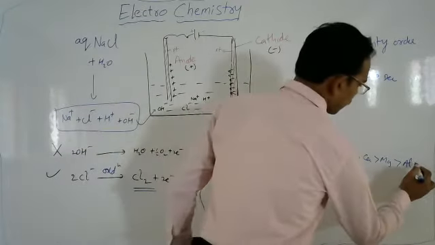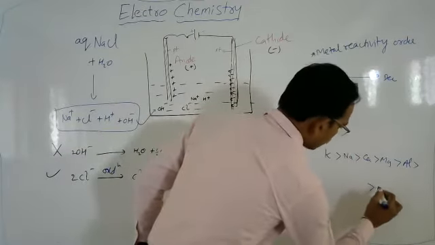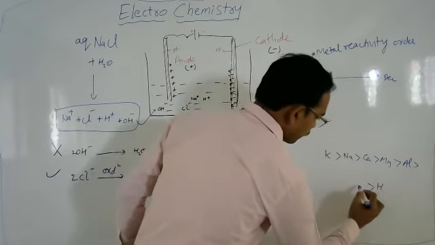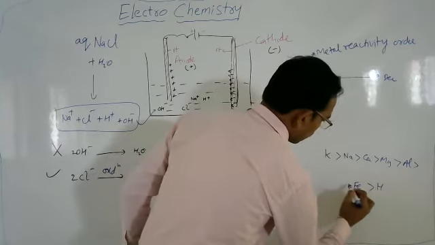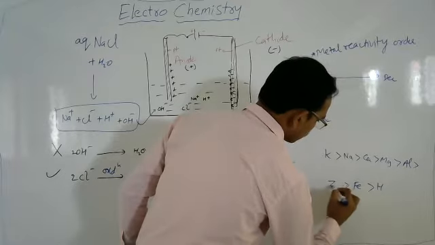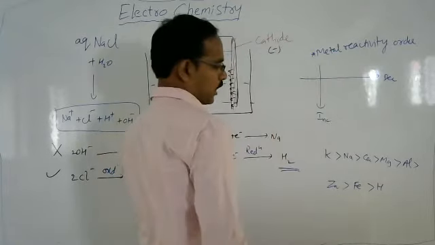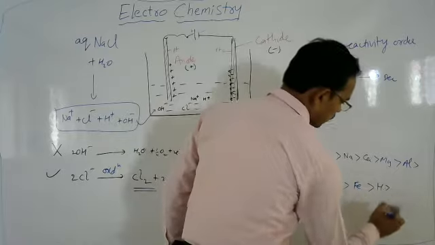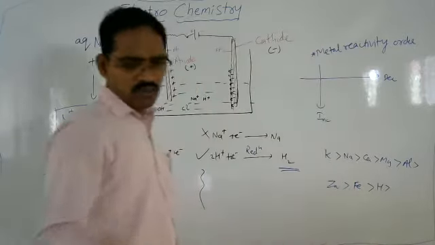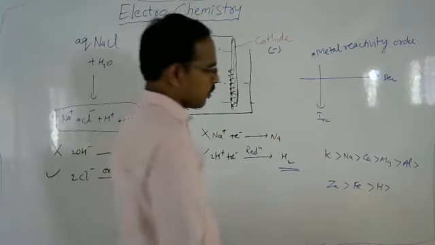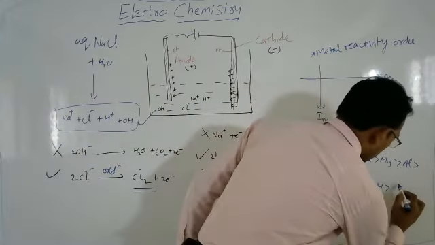Similarly, hydrogen, then iron, then zinc. Then after hydrogen, generally copper, silver, gold. But two more you can write.